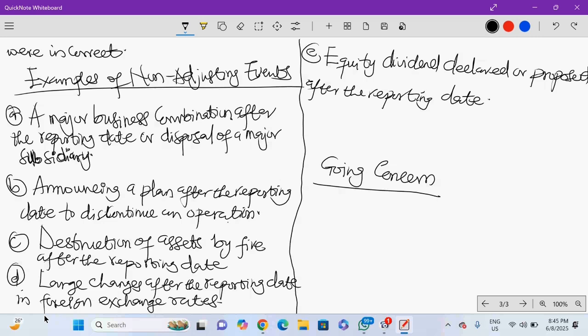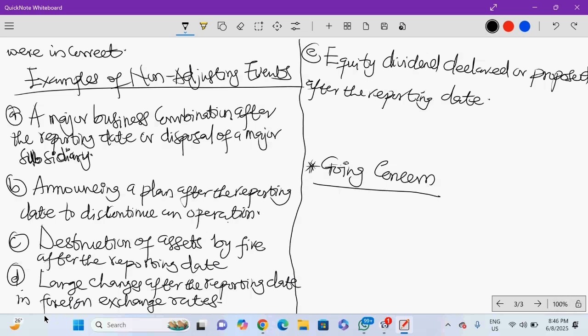So this principle has an exception with respect to the non-adjusting event. Because we would have said there was no evidence, so we shouldn't adjust it. But then the going concern is no longer appropriate.